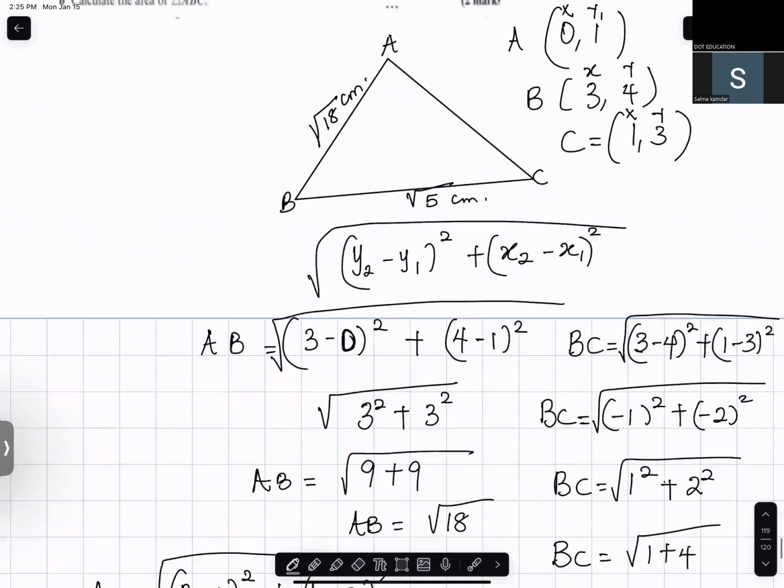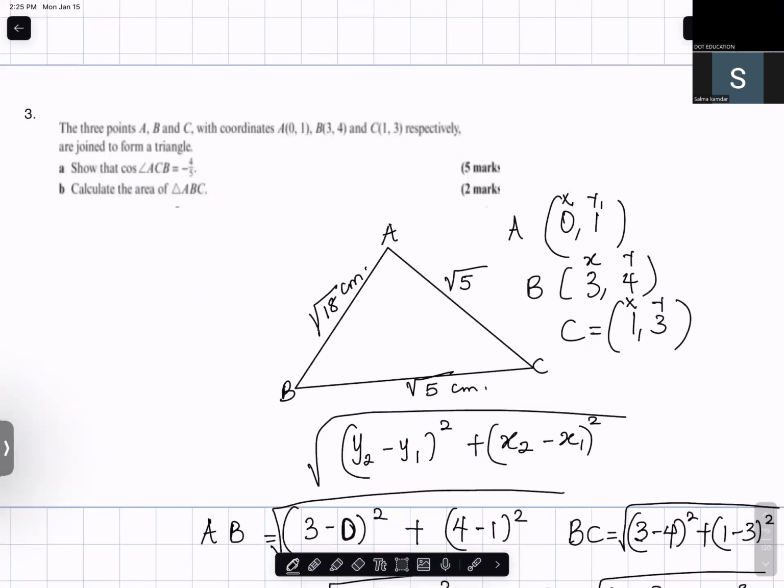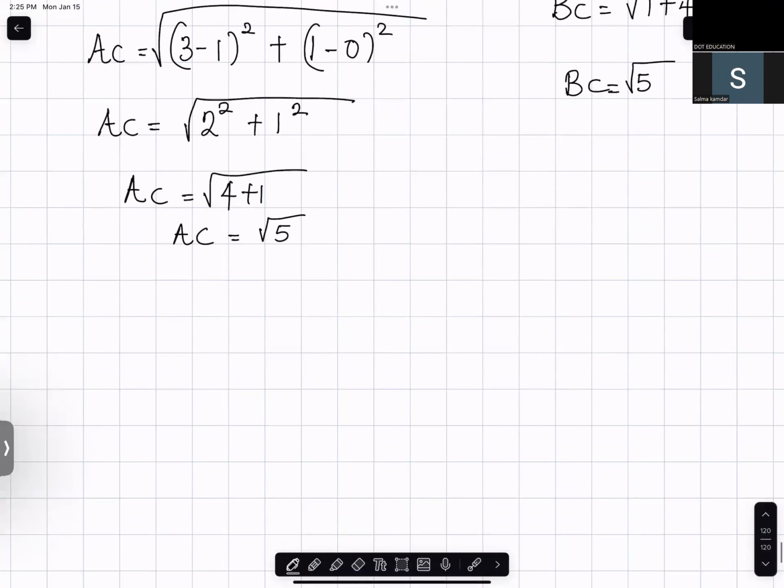So we can see AC and BC are equal. Having gotten that, we'll go back to the aspect of the question that says we should show that cos ACB is equal to minus 4/5. I'll bring my triangle here.